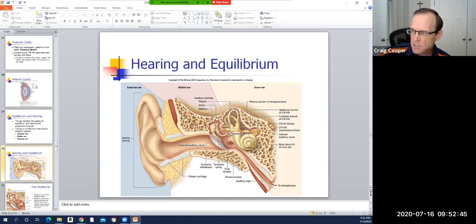The bigger branch that's coming down and tying into this little snail shell, the cochlea, that's the cochlear branch of that nerve. So it enters into that space as one big nerve, but then it deviates so that we have the specific branches that are in charge of the cochlear function and the part that's controlling impulses coming into the vestibular portion. And so we'll look at kind of all those and how they work a little bit.